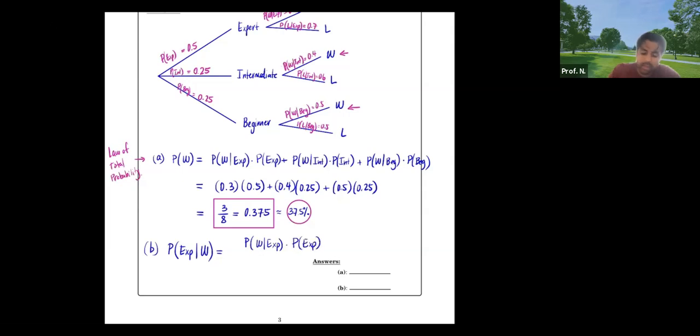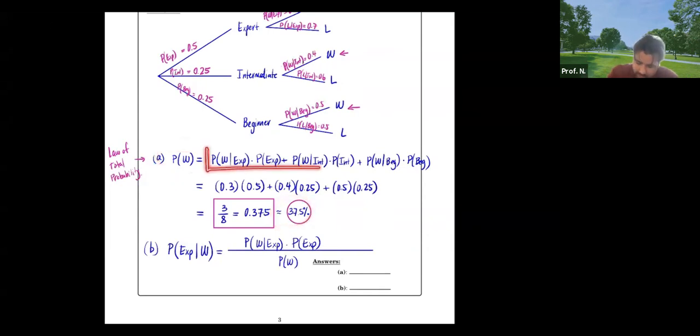That's what I want to find. That's my desired outcome, that it's an expert. But then I have to divide by the total probability of me winning. So the bottom here is equal to the probability of me winning, which is exactly what I found, right? I found this in part A already.